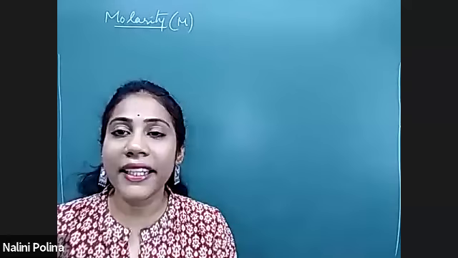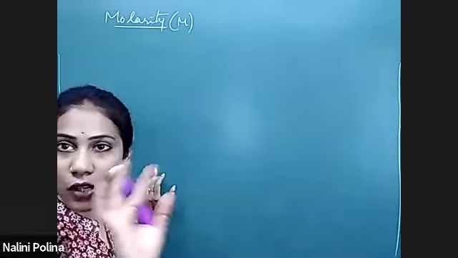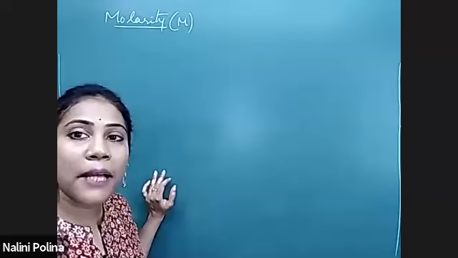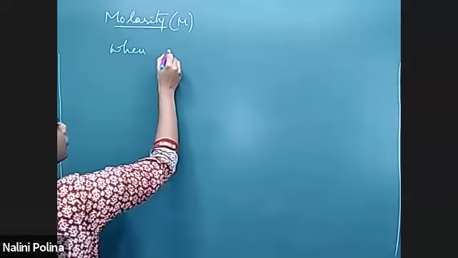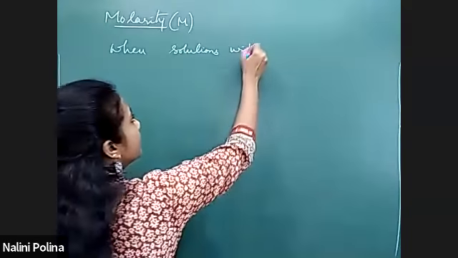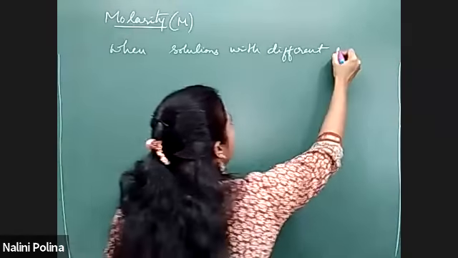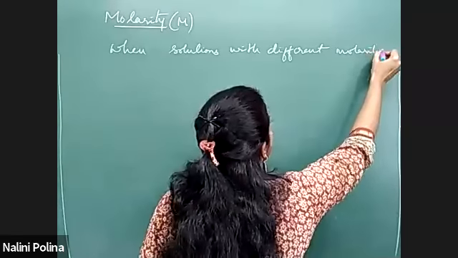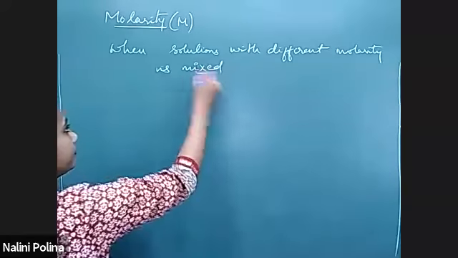So we all know molarity is what? Number of moles present in 1 liter solution. Number of moles present in 1 liter solution is called molarity, right? So now I'm giving a formula for when two solutions with different molarity are mixed.